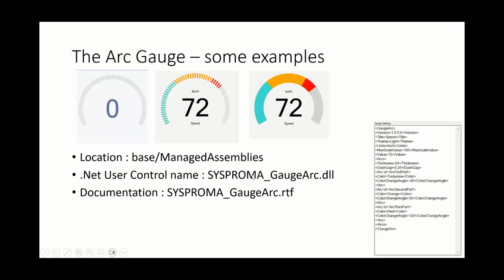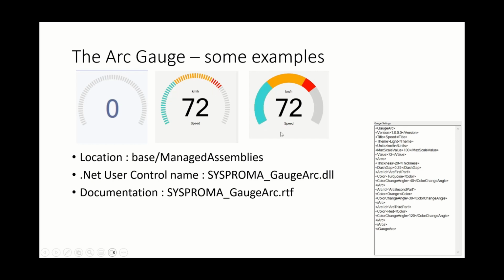If we have a quick look at the art gauge, it's doing something very similar, but in a different way. The art gauge actually starts looking fairly bland, with a grayed out scale. But as you give it a value, the scale comes alive and you're basically telling it at what angle the color changes. So in this case, we're doing 72 kilometers an hour, and therefore it's indicating red.